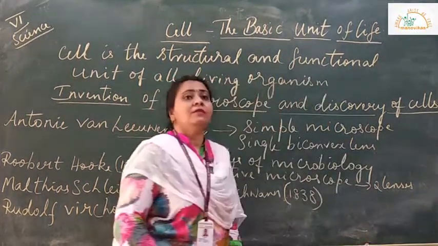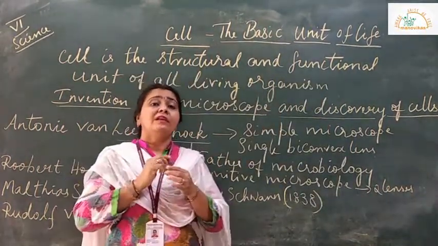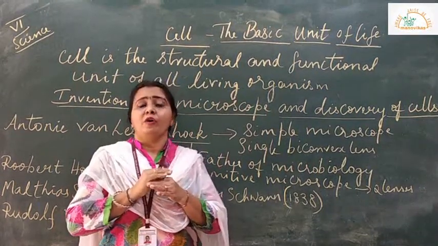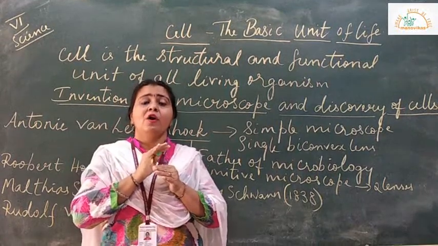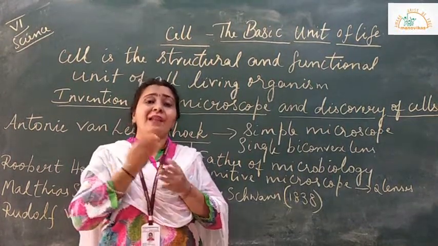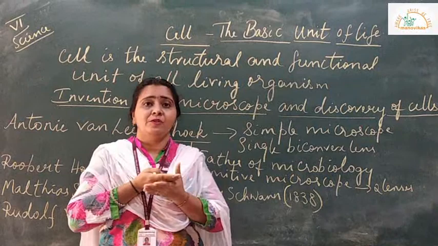He observed a thin slice of cork. Cork means the dead cell. So he took the slice of the cork cell and he placed it under the microscope and he observed.